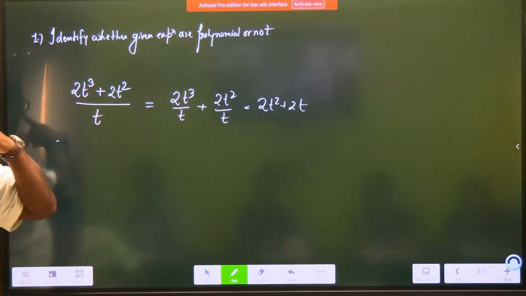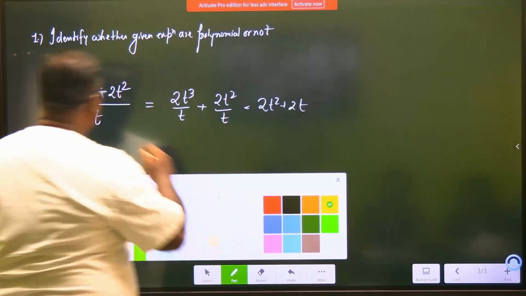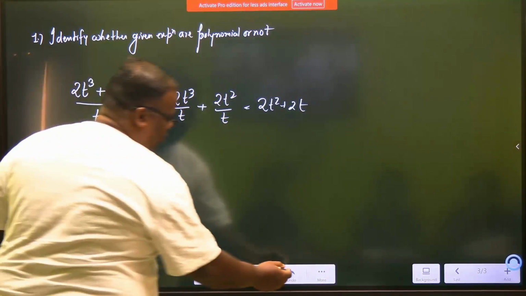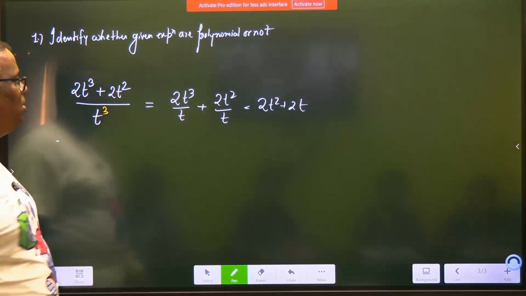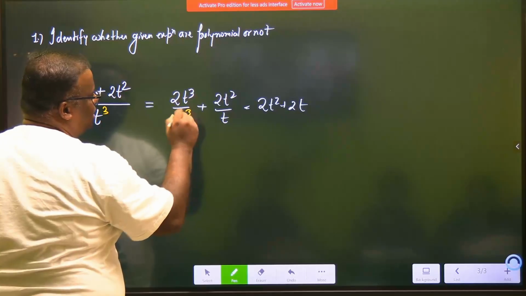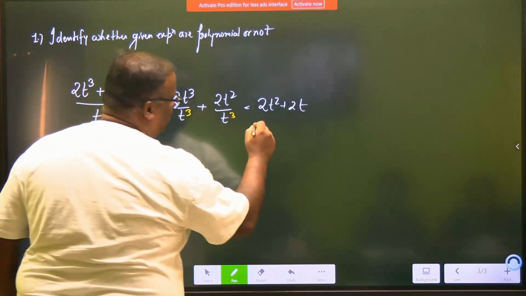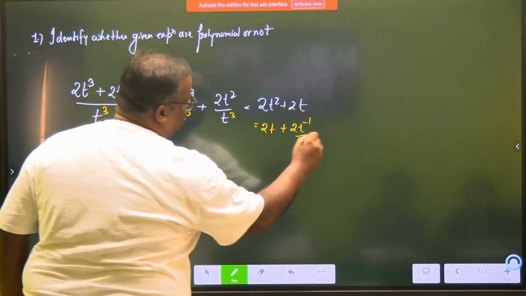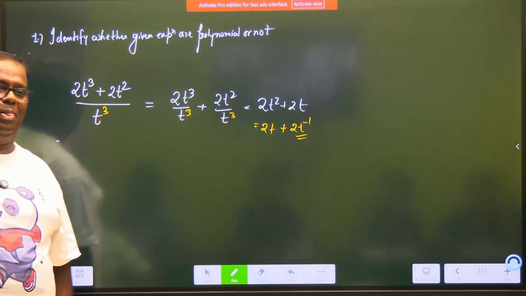However, if I would have made this as 2t cube and asked you whether it is a polynomial, then you will say 2t cube by t cube plus 2t square by t cube. Then you will end up with 2 plus 2t to the power minus 1. This will fail you. This is not a polynomial. Understood?